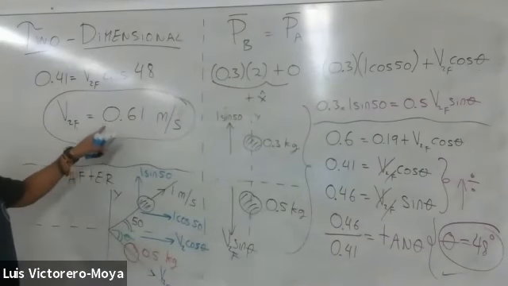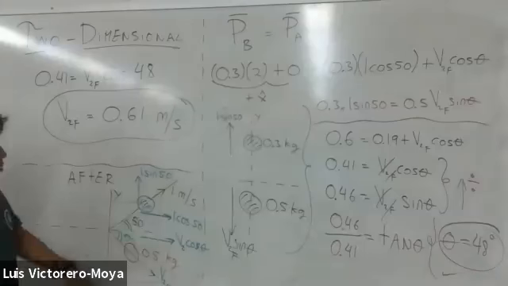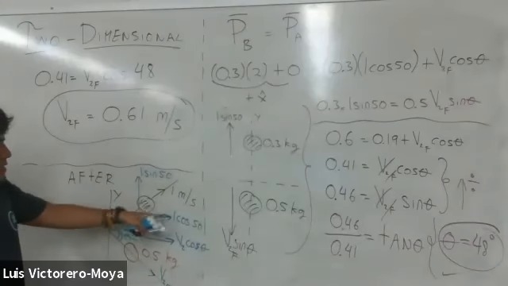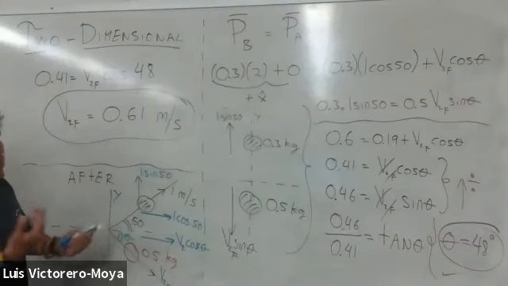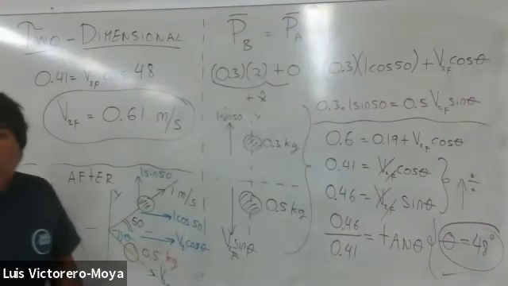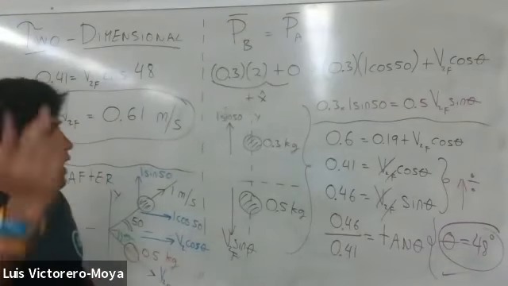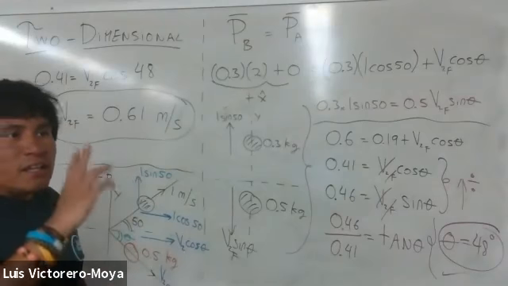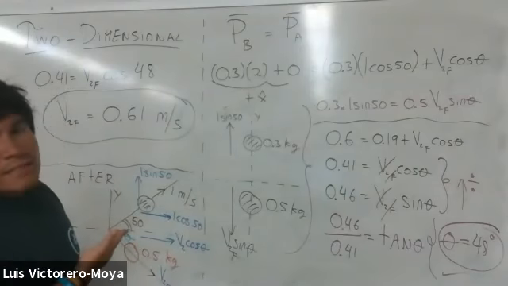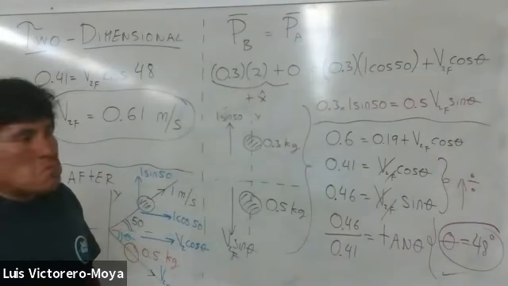And then this square times mass divided by 2 plus this square times mass divided by 2. You add them together and then you get the total kinetic energy after the collision, and you can compare it with the kinetic energy before the collision. But that's how you do two-dimensional collisions.